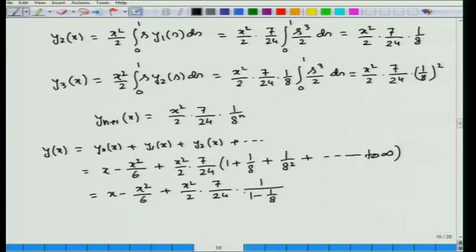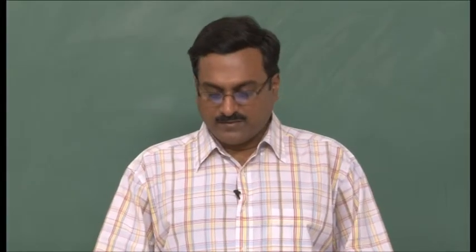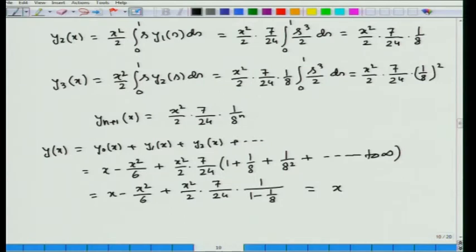So, ultimately it will be multiplied by 8/7, and then you can find this is equal to x only, because this minus x²/6 term will cancel with this particular term, and therefore, y equal to x is the solution. So, this is the illustrative example of how we can solve this kind of Fredholm integro-differential equation using the Adomian decomposition method.